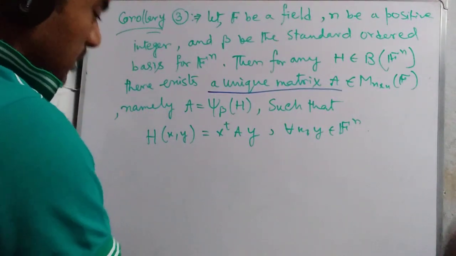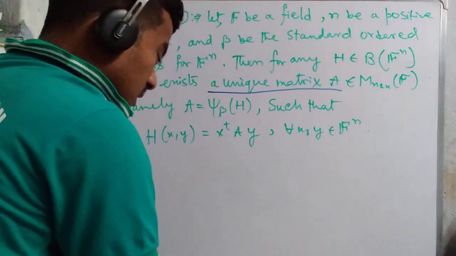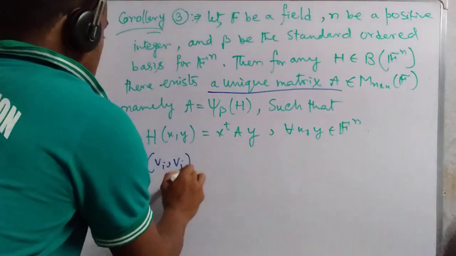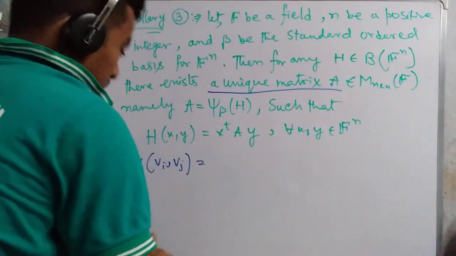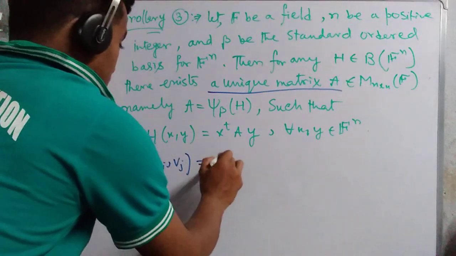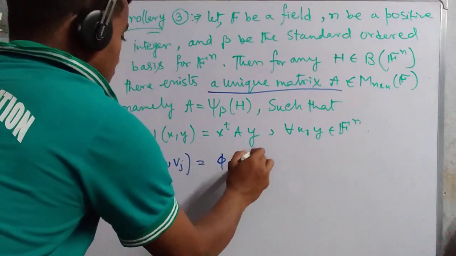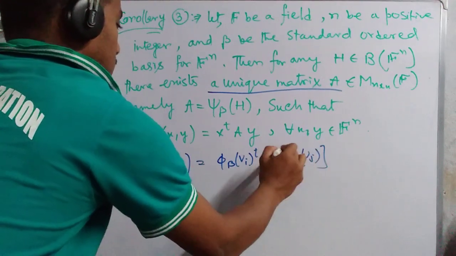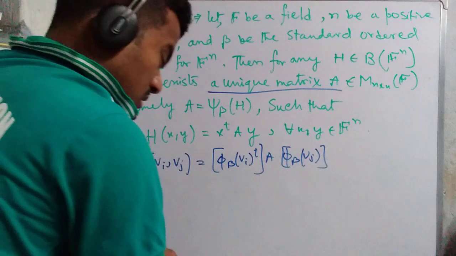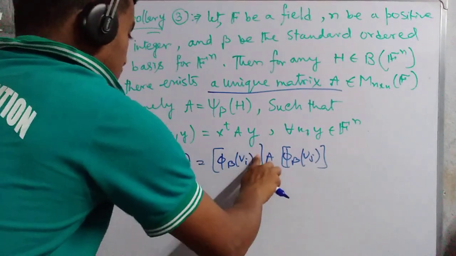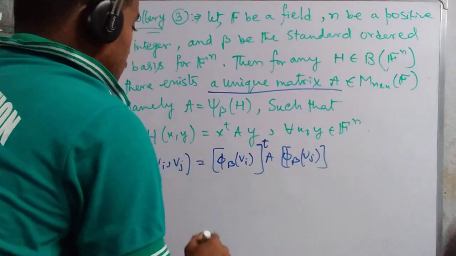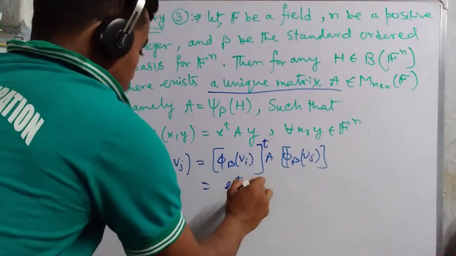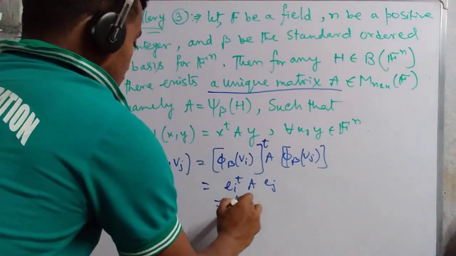Obviously we see about that. What does that mean? If h of p_i p_j, then here psi beta of p_i transpose A psi beta of p_j. Understood? Then this one equals e_i transpose A e_j, which is a_ij.